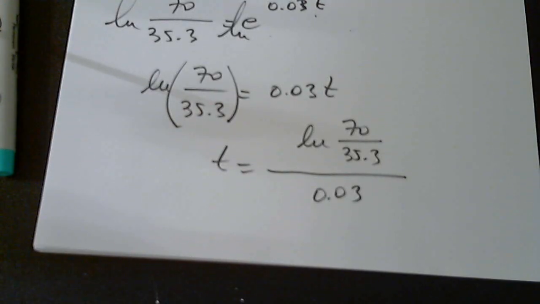All I have to do is just plug it in and see what I get. So natural log of 70 divided by 35.3, sorry, close the parenthesis and divide by 0.03.